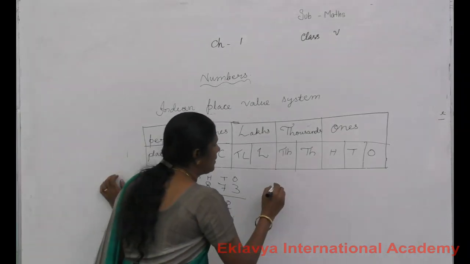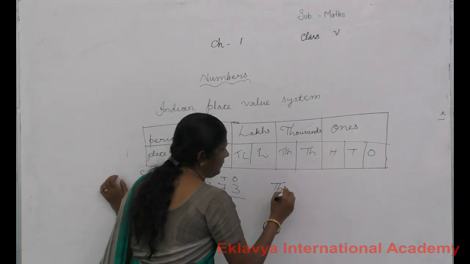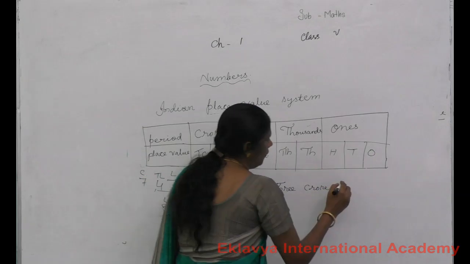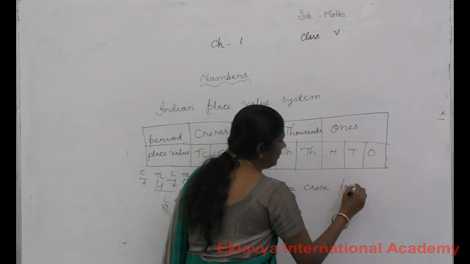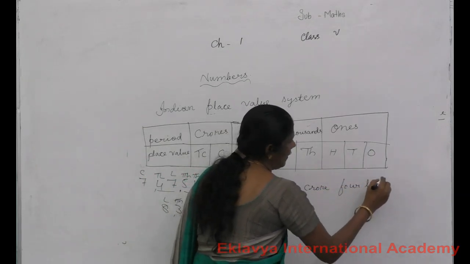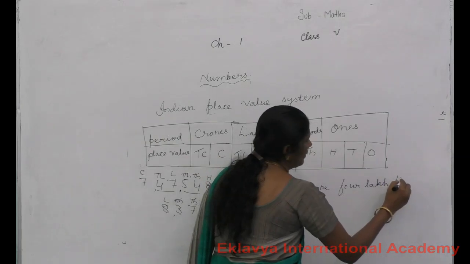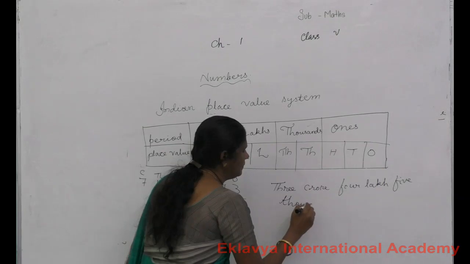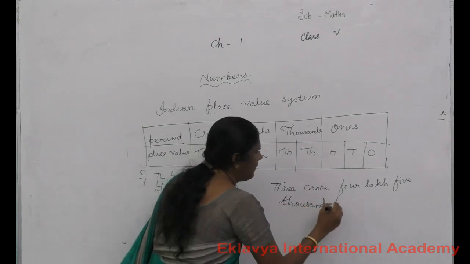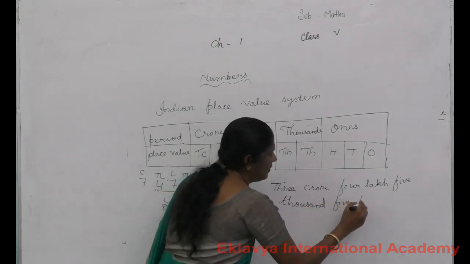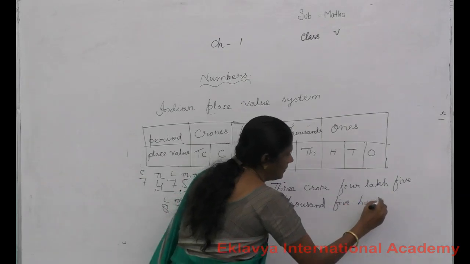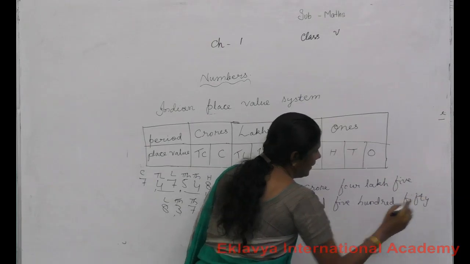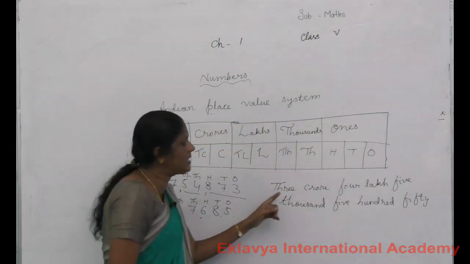Then 3 crore 4 lakh 5,000 550. Then the highest place is crore.